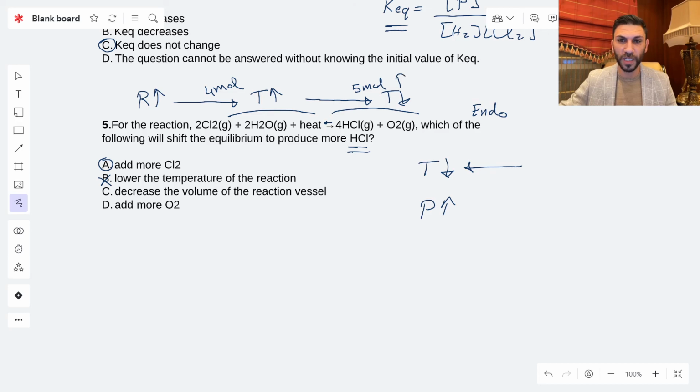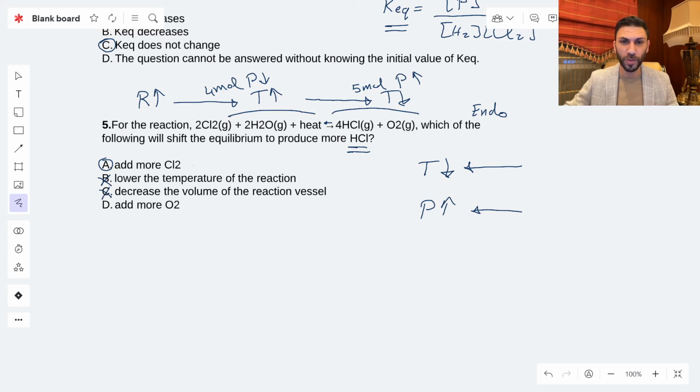That means in the product, the pressure is high, and in the reactant, the pressure is lower. Decrease the volume, it means increase the pressure. Now increase the pressure, it will shift to where the pressure is lower. So it will shift to the reactant because the pressure is lower. So it's not shifting to where HCl is. So obviously C is incorrect.